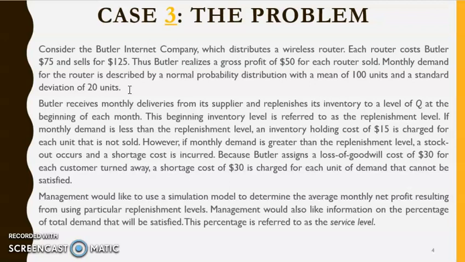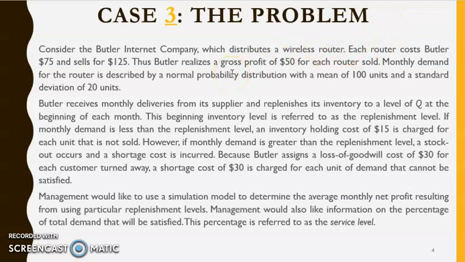Butler receives monthly deliveries from its supplier and replenishes its inventory to a level of Q at the beginning of each month. So what does it mean that Butler receives monthly deliveries from its supplier and replenishes its inventory to a level of Q at the beginning of each month?